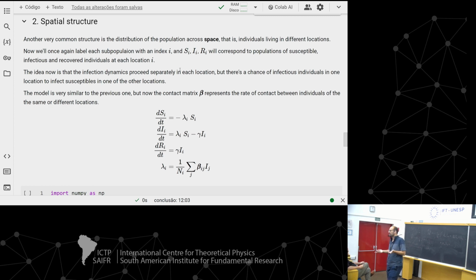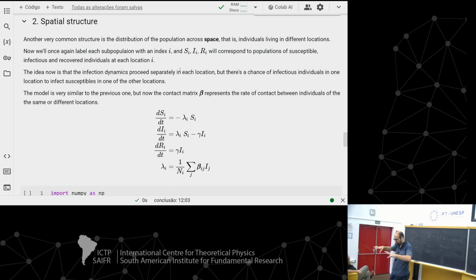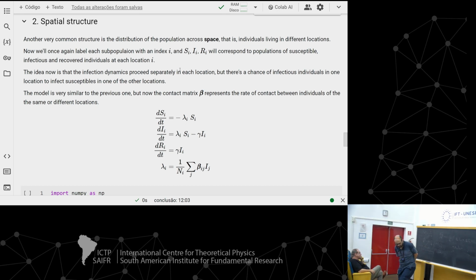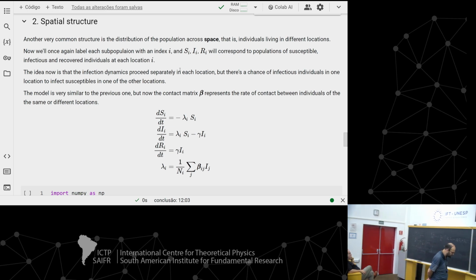This is a very hard problem to deal with, okay? Because essentially all the data we have is by administrative regions. We don't have data for urban aggregations and so on, right? So it's hard.